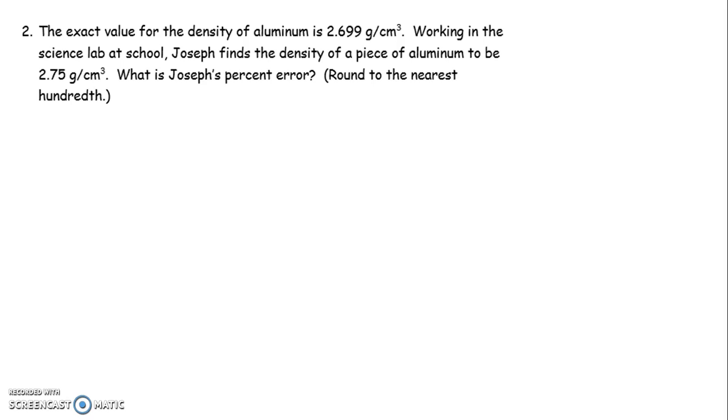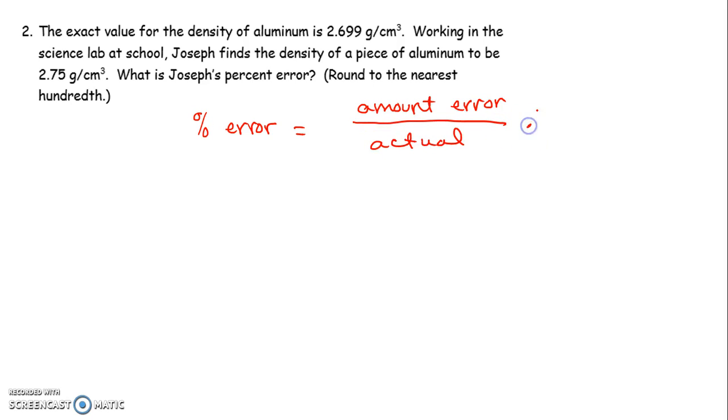What is Joseph's percent error? Let's round to the nearest hundredth. Okay, so as soon as we know we're talking percent error, we need to find the amount of error over that actual density that the scientific community has agreed on, times 100.